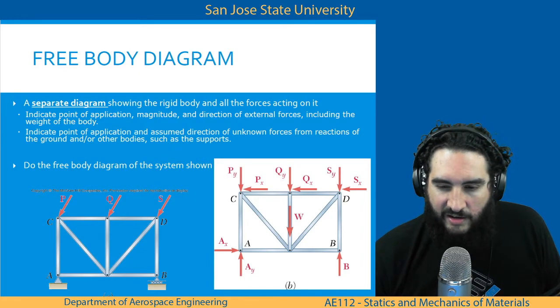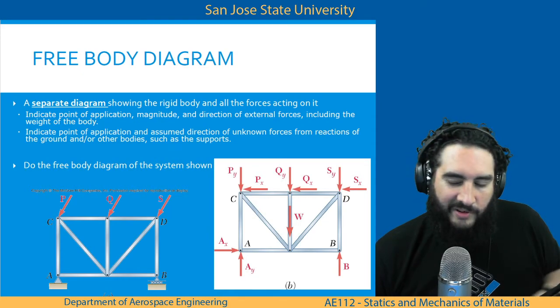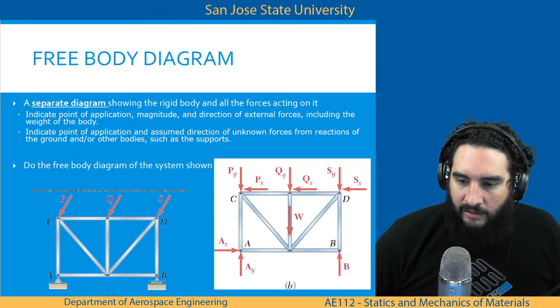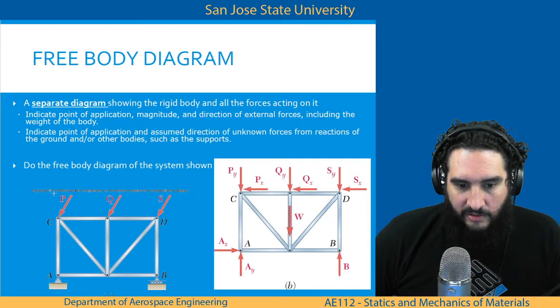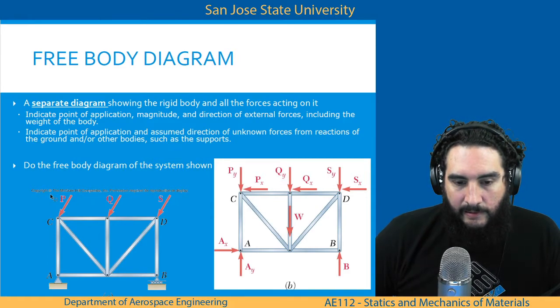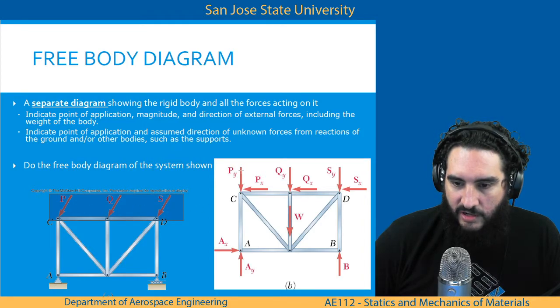It says do the free body diagram, but we'll skip that and just talk about it. So P, Q, and S are all going to be the same type of forces, resolving in X and Y. Yeah, these are fine.